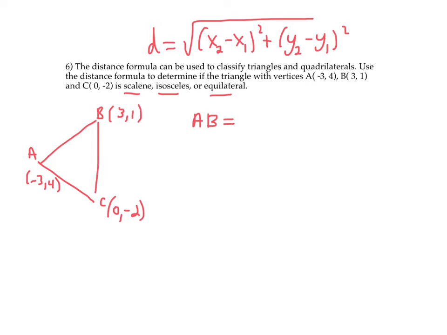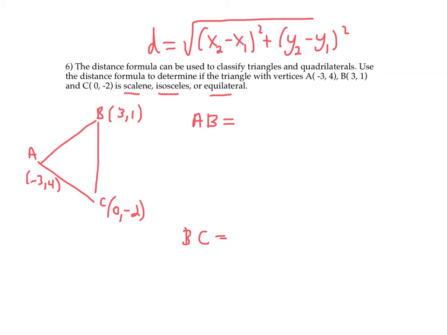Then we're going to use the distance formula to find the length of line segment BC. And then finally we'll use the distance formula to find the length of side AC. So sometimes drawing a sketch can help you to determine which sides you need to find the length of. And this is especially important when you have a quadrilateral, because it can get confusing. You might end up finding the length of a diagonal instead of the length of a side.